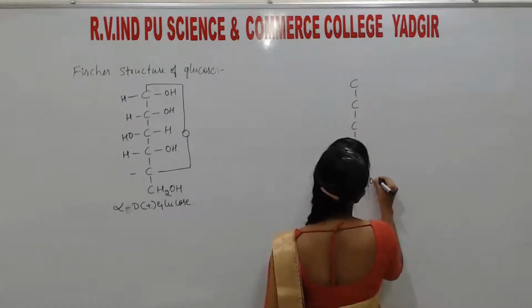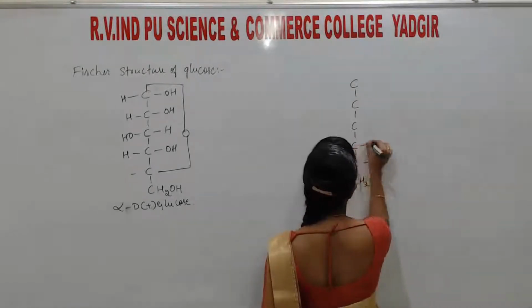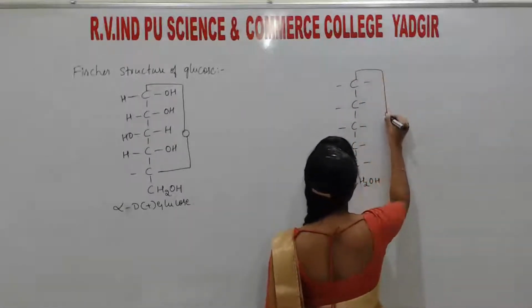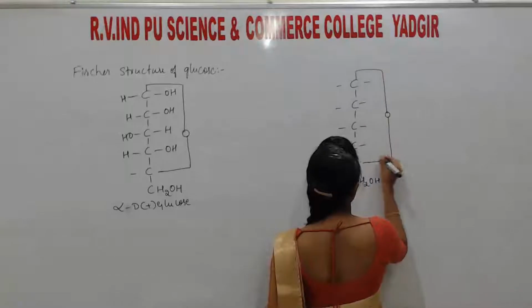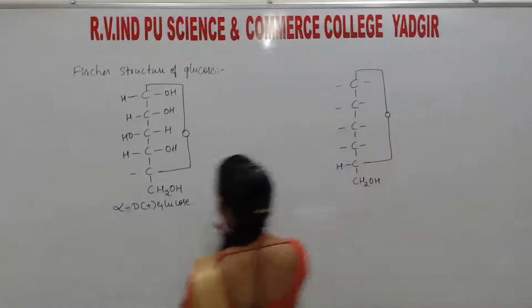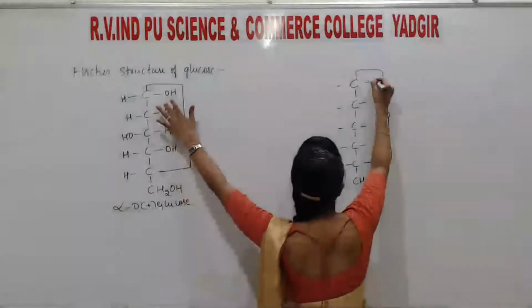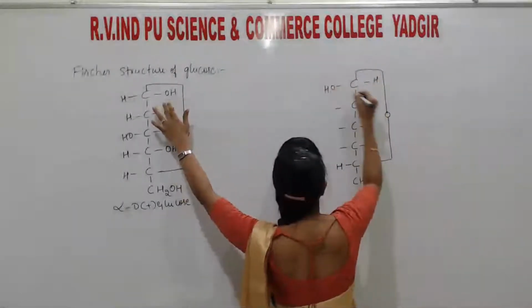Same structure, so I'll take it here. This is CH2OH, and these carbon atoms are cyclized. Then here the change is H is on this side and OH is on this side.